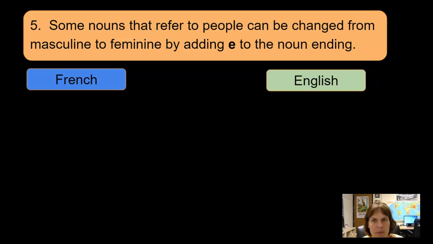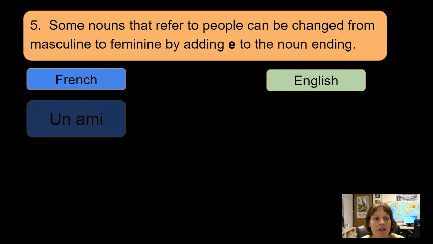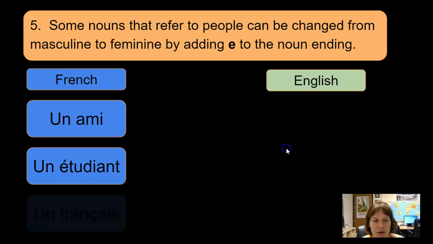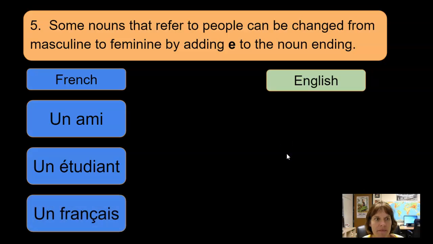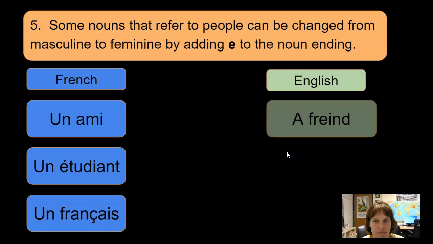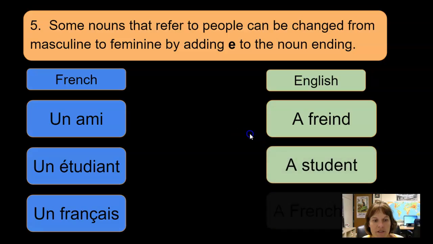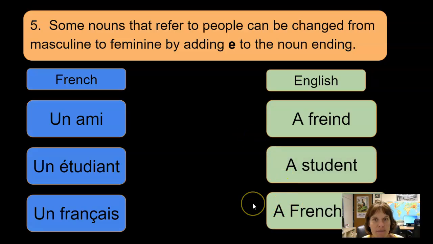Some nouns that refer to people can be changed from masculine to feminine by adding E to the noun ending. So un ami, that is the masculine. Un étudiant, une française. A friend, a student, a Frenchman.